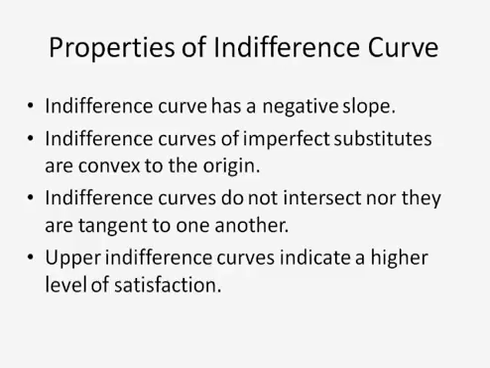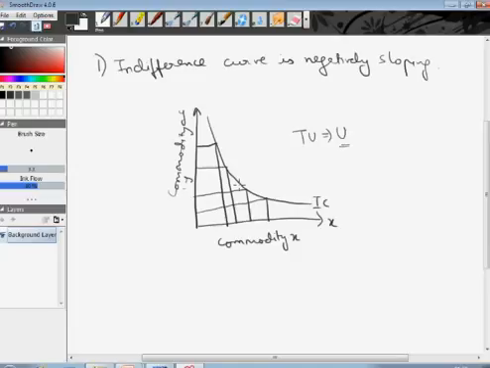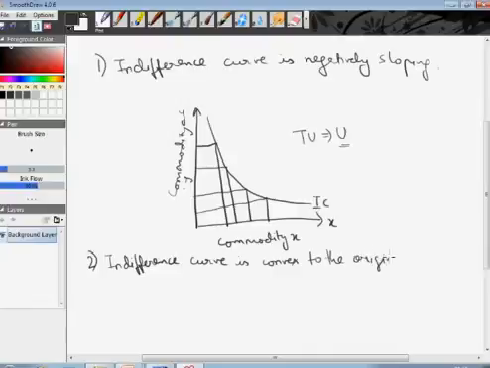Now our second property is that indifference curves of imperfect substitutes are convex to the origin. Let's explain this. Second property, indifference curve is convex to the origin.